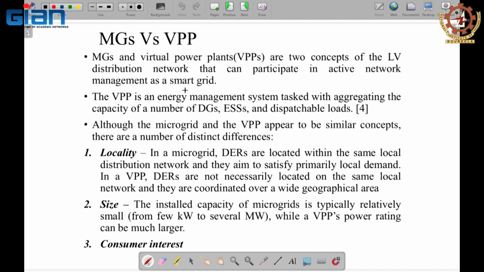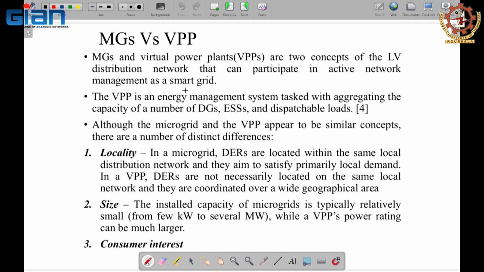For example, this GIAN program was offered on the small hydropower system. So what can you call a small hydropower system, which could be further classified as mini or micro hydropower system? As such, there is no unique or well established definition.